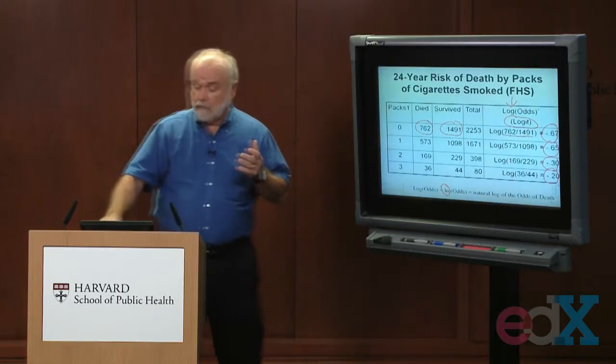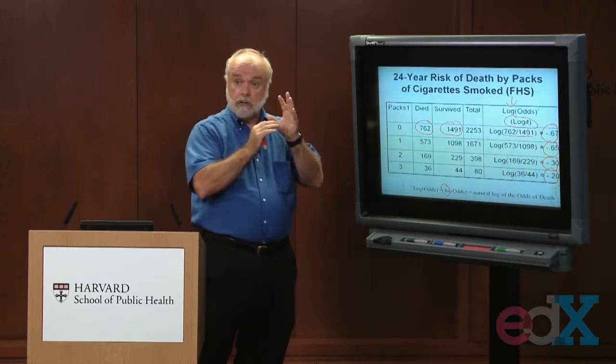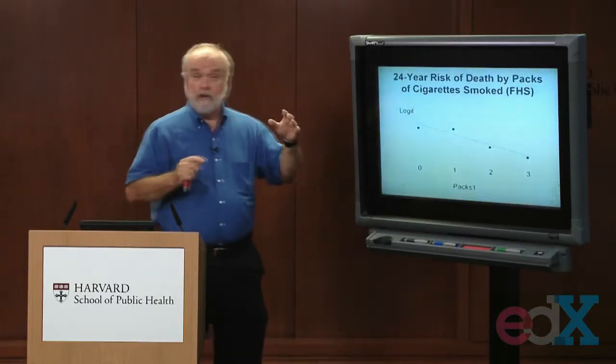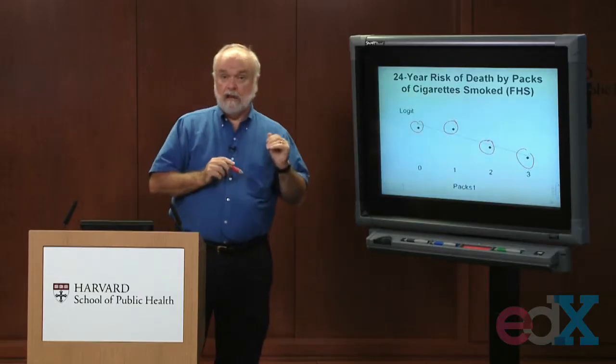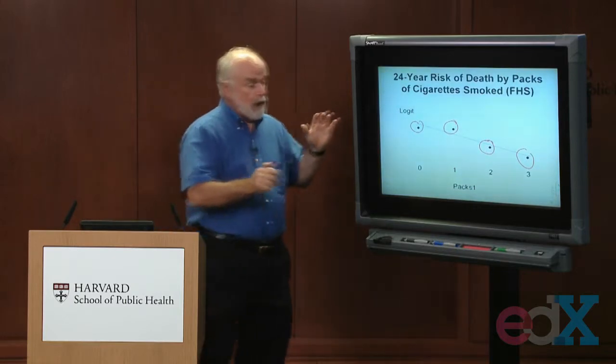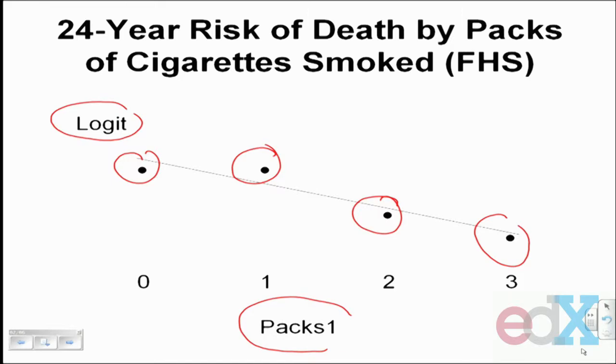And just like before, I could draw a graph pictorially describing the relationship between the amount you smoke and now your log odds of dying. In the graph, the 4 points taken from that last column are these 4 points in two-dimensional space. And once again, they seem to follow roughly a straight line relationship. So here's another straight line describing the relationship between how much you smoke and your logit, your log odds of dying.